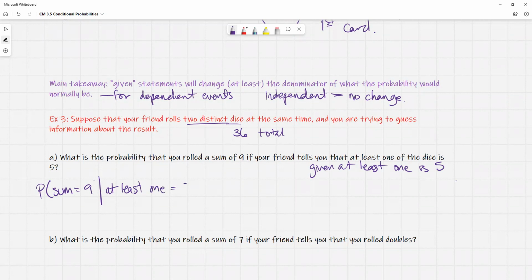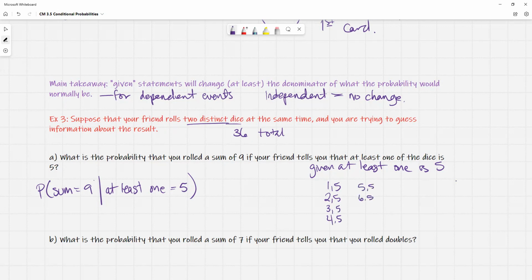So the probability that the sum equals 9 given at least one is a 5. Some of the outcomes I could have are 1 and 5, 2 and 5, 3 and 5, 4 and 5, 5 and 5, 6 and 5.